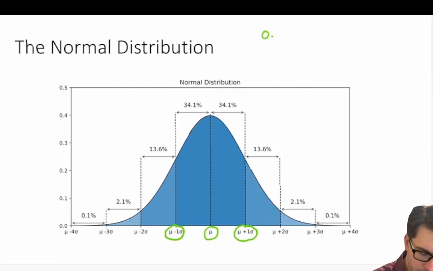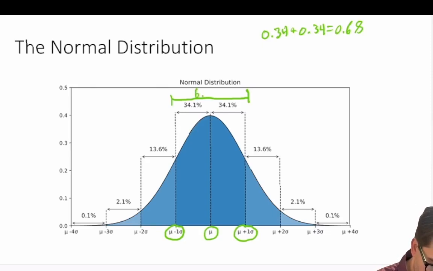So 0.34 plus 0.34 is equal to 0.68, right? This is just showing that between plus or minus 1 standard deviations of the mean, we see 68% of our observations.